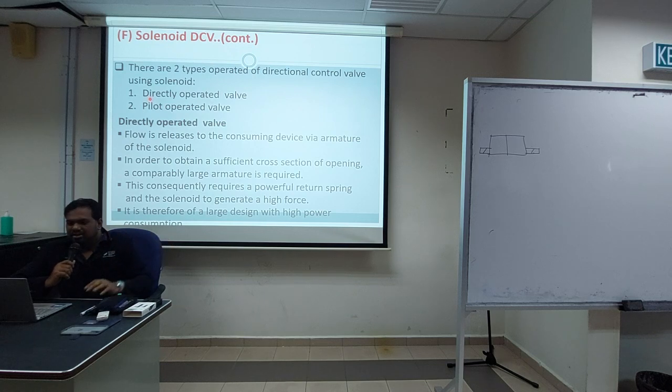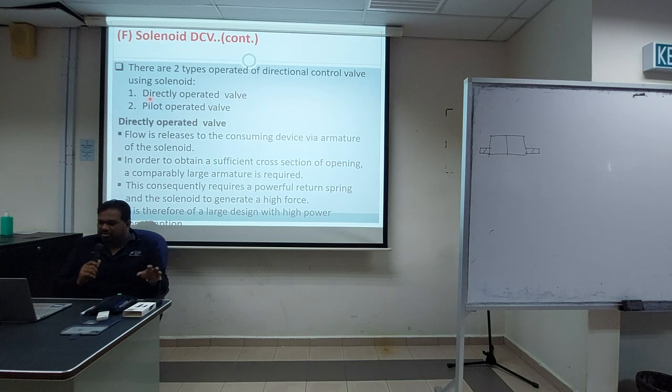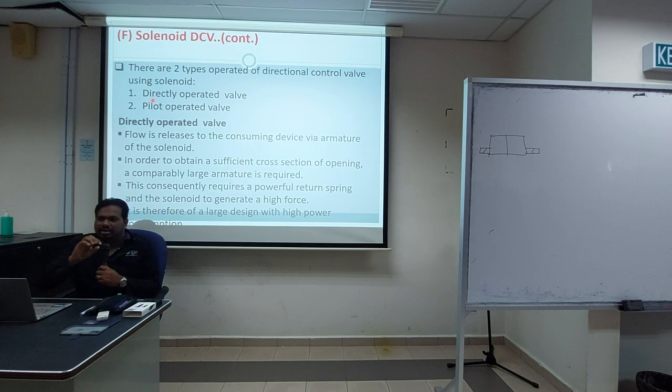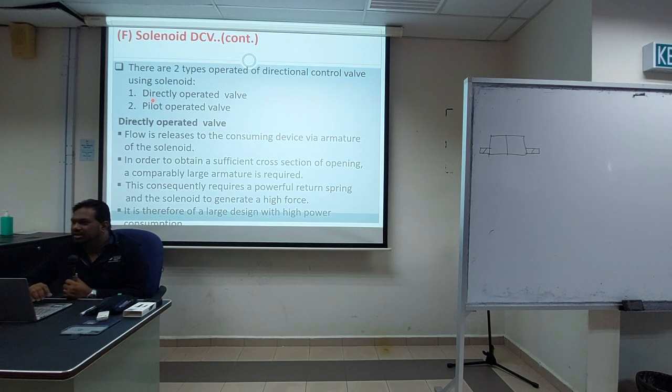Kemudian dia akan actuate. So the solenoid can be directly operated ataupun pilot operated. Maksudnya you bagi input, dia akan masuk ke satu komponen dulu. So komponen tu akan decide bila dia nak send signal. So that is pilot operated. Pilot operated maksudnya there's something that controls in between. Macam pilot lah. Pilot pun dia ada control system dia kan, untuk control the aeroplane.